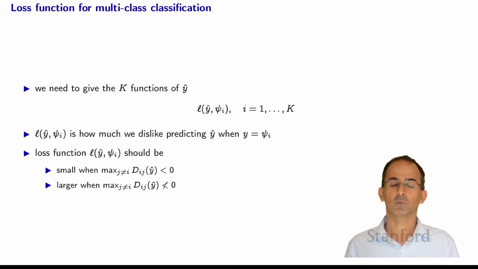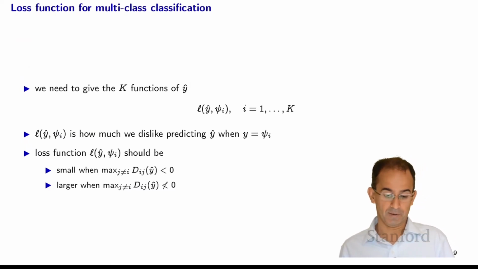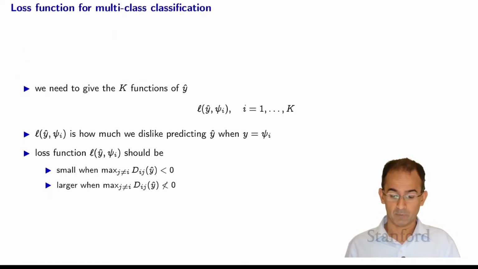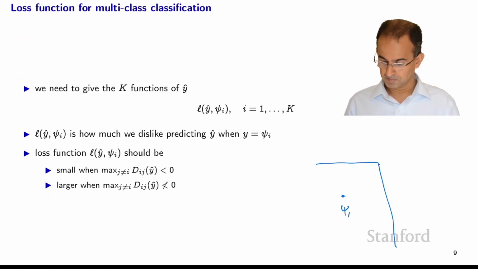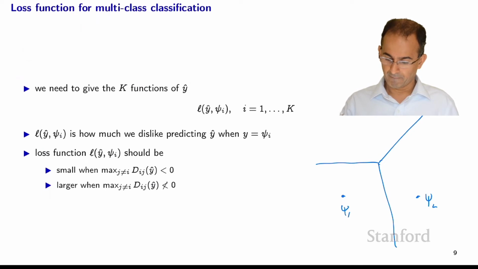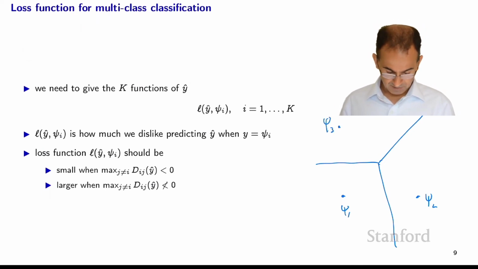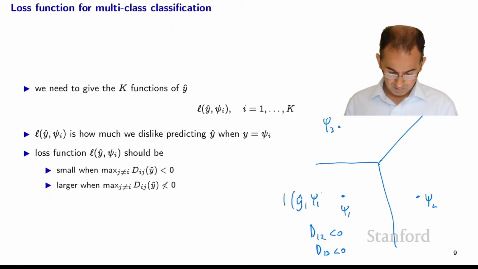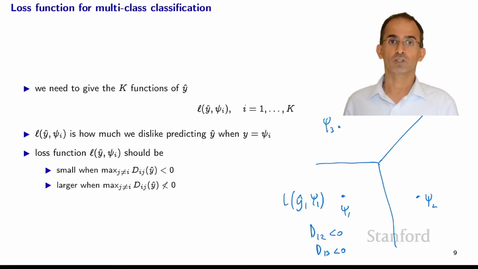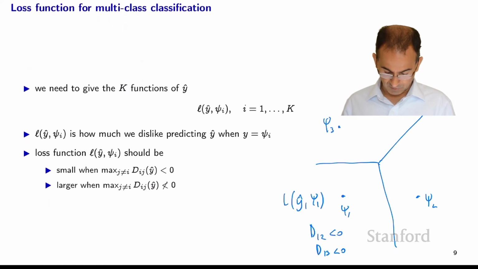Remember, loss is a function of y hat and y here can only take k possible values, which we've denoted as L of y hat comma psi I. It's how much we dislike predicting y hat when y is psi I. In other words, to come back to our example, if d12 is less than 0 and d13 is less than 0, then we'd like the loss function corresponding to L of y hat psi 1 to be small, and large when y hat doesn't satisfy these two conditions.